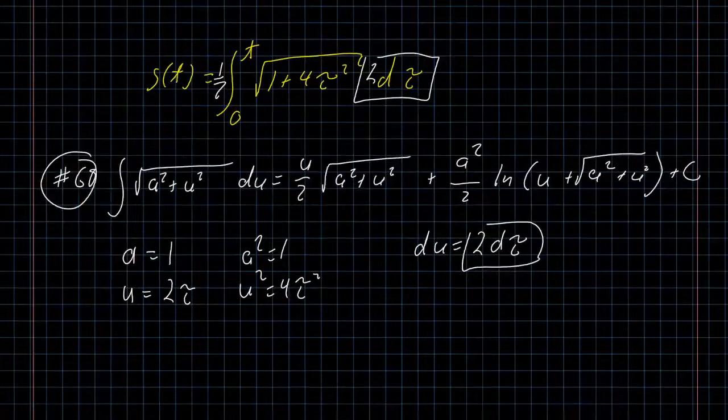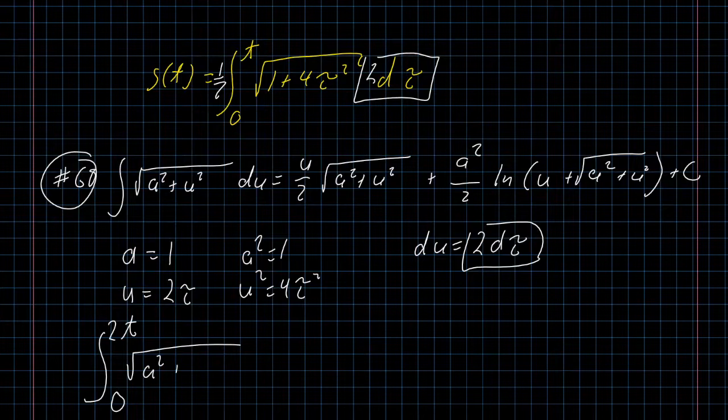I am now looking at the integral from, well, when tau is 0, u is also 0. And when tau is t, u is 2 times t. But then I have the square root of a squared plus u squared du.